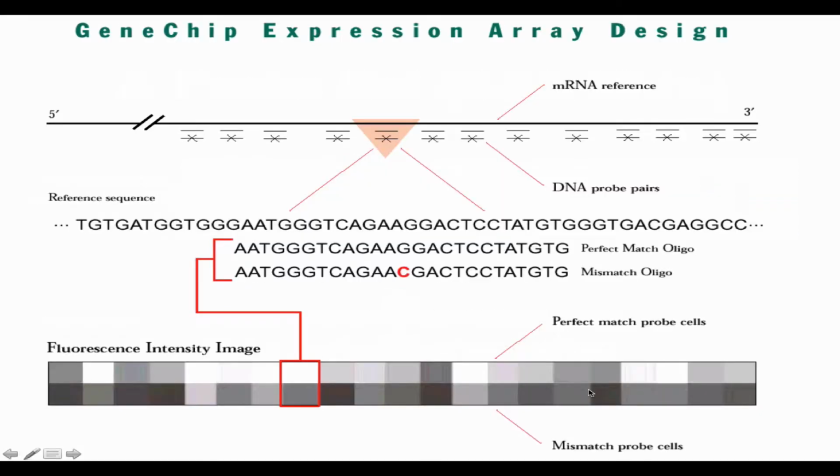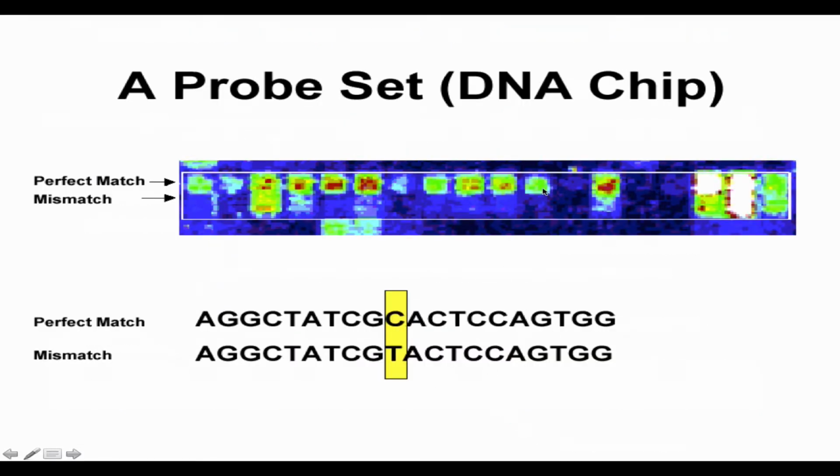So this guy down here and this guy here are equivalent measures of the same kind of data. I won't swear that it's the same exact probe set. But darker is less hybridization, so it goes from red to blue to dark blue. Actually, and then really bright is over here.